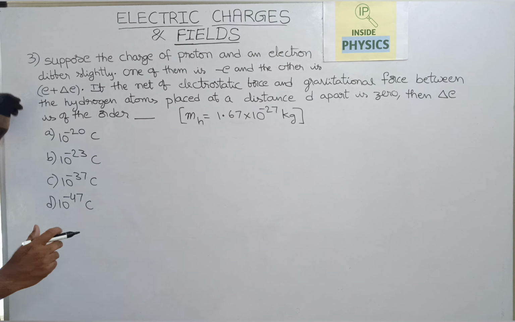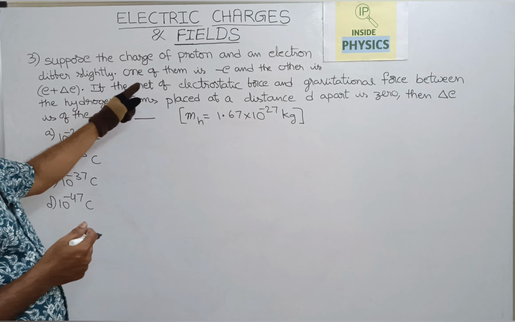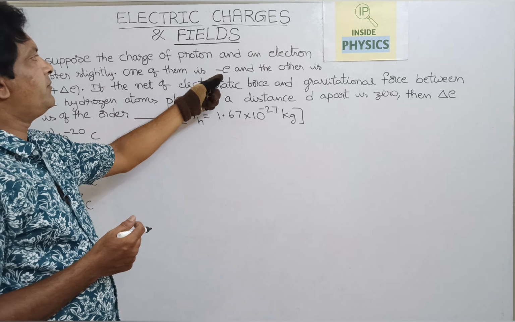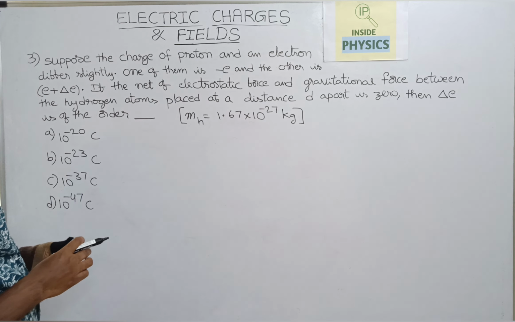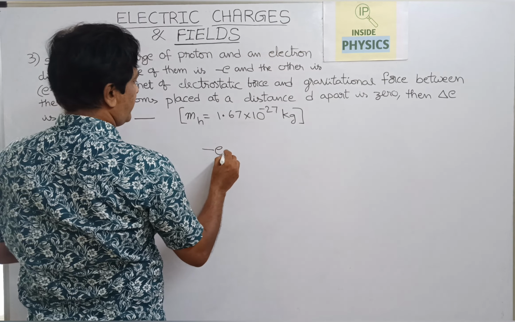That means we are assuming that the electron and proton differ slightly in their charge, which is not possible, and the charge of the electron is given by minus E and the proton by E plus delta E. So if these are the charges present in a hydrogen atom, what is the net charge on the atom?